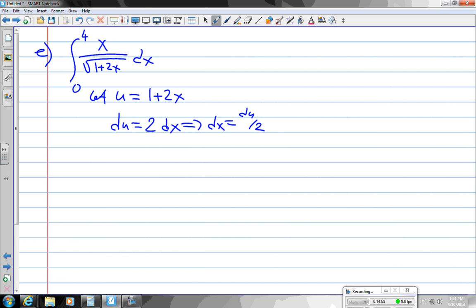But if I make the substitution the way it's written, nothing is going to kill that x. So I can solve for x in this expression. I can say that x equals u minus 1 over 2. So I'm going to make that substitution as well.